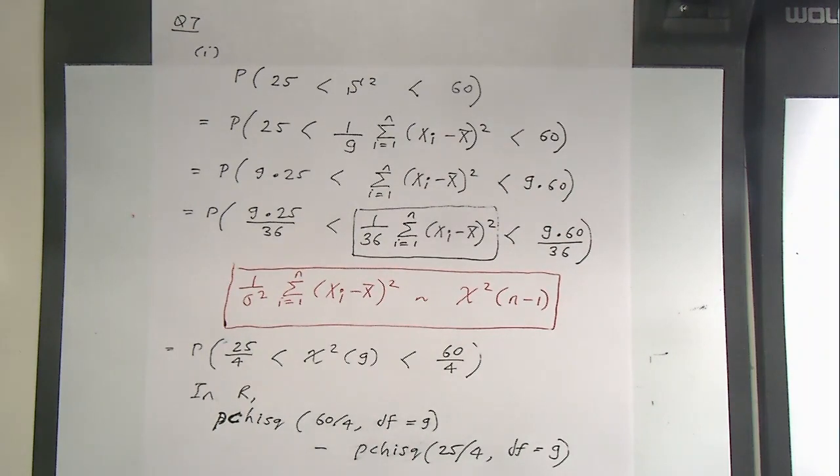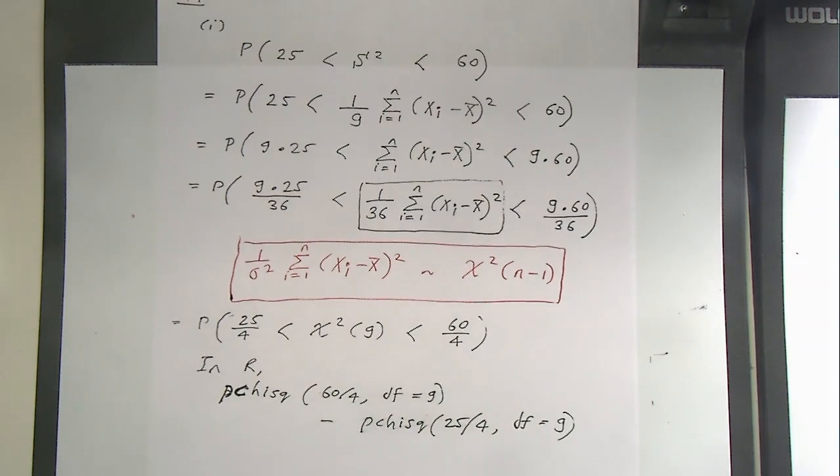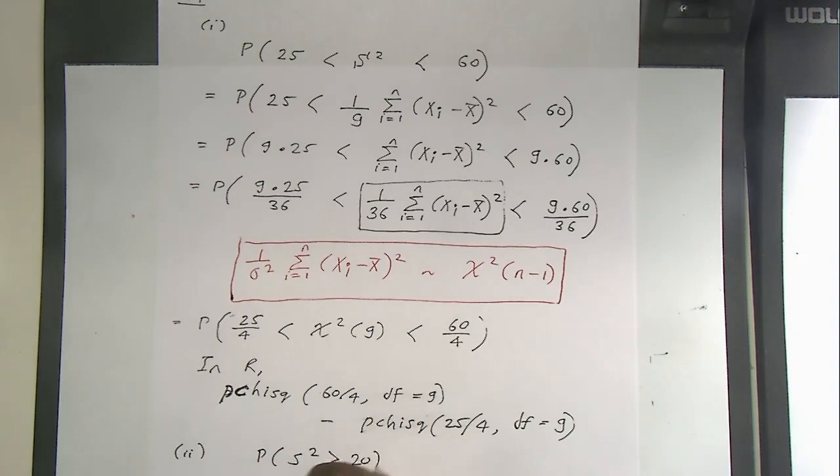Part two of question 7 asks what the sample size should be so that the probability that s squared is greater than 20 is 0.9.